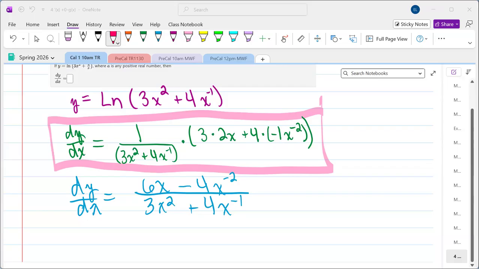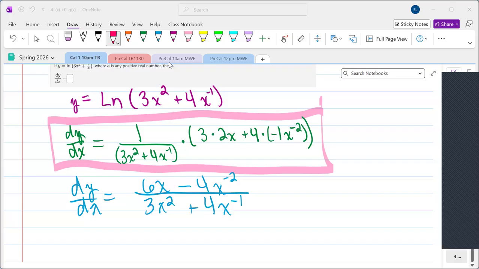Yeah. The only formulas that are provided on the test are the derivatives of the inverse trig functions. You mean the derivative of the... So you have to know the derivative of all the regular trig functions.